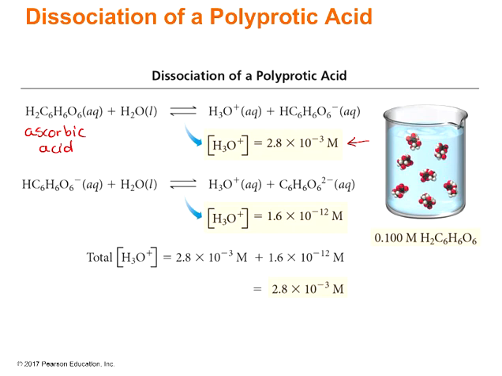But then once we've formed the ascorbate ion, that can react with a water molecule to produce, that's the hydrogen ascorbate, I believe, and then the ascorbate ion has a 2- charge. But then we also produce more hydronium ions.